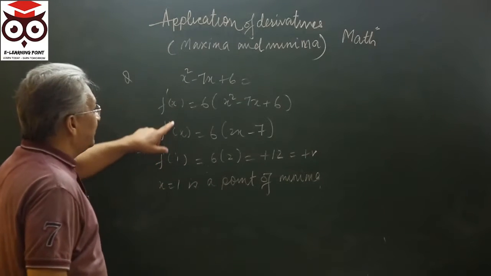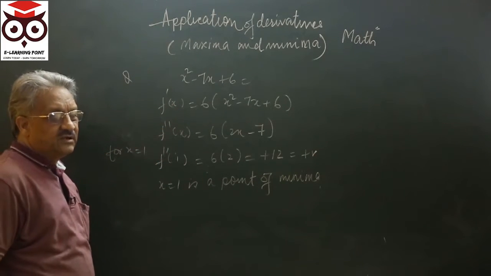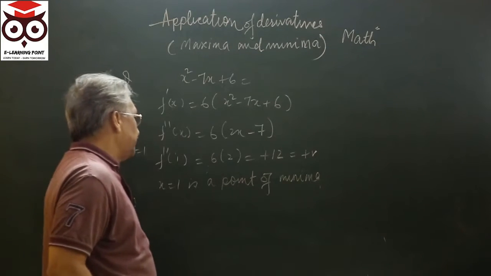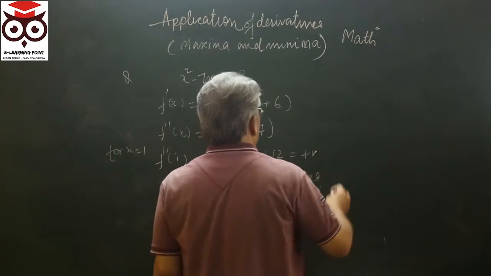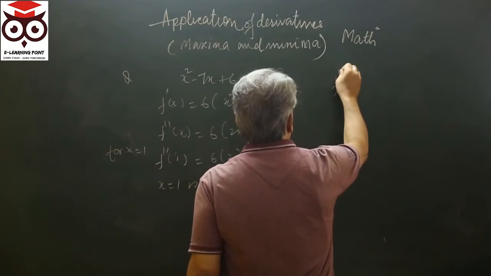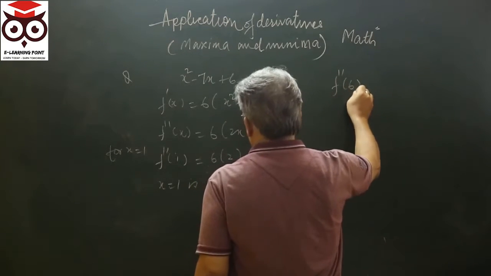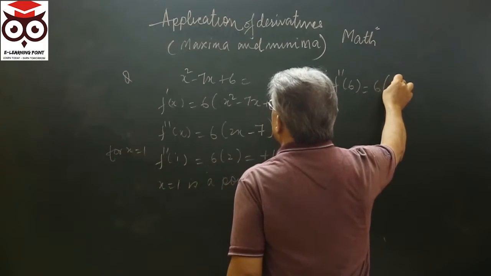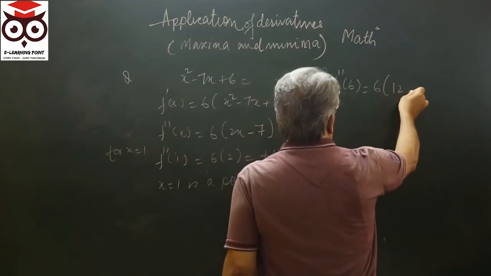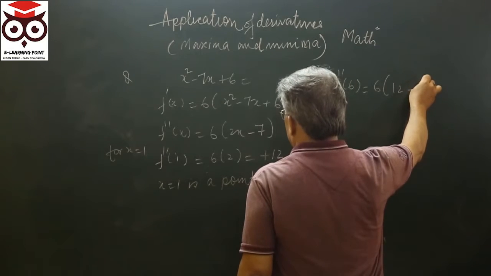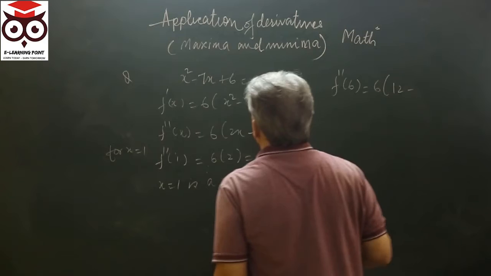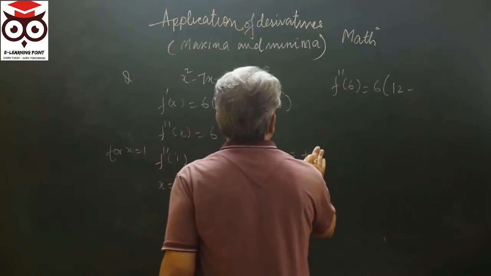Similarly, if I put their value in the first function, that will be the value of the first minima function. Similarly, if I put the value of 6 here, it means this is 6 and this is 12 minus... oh, this is wrong, this is not 12.